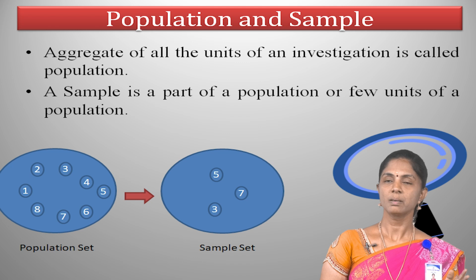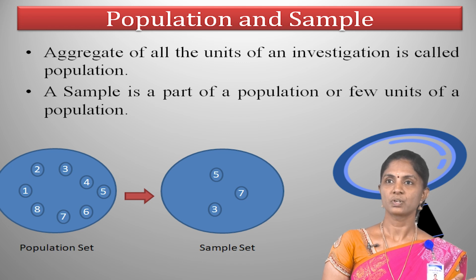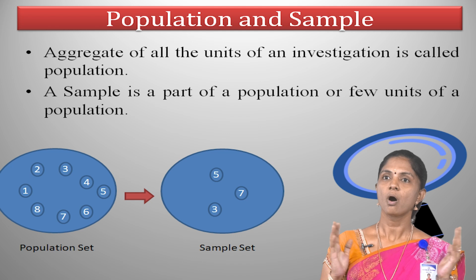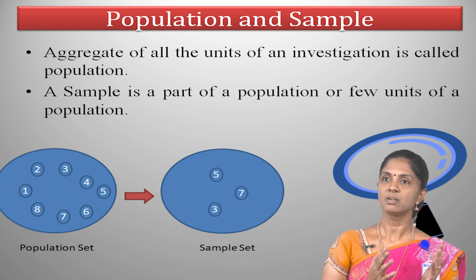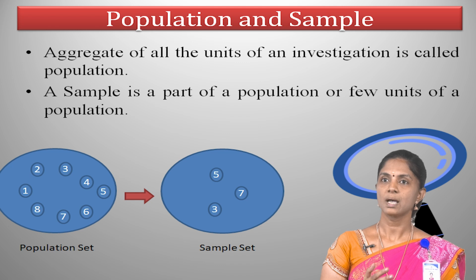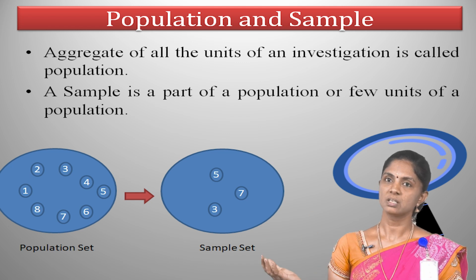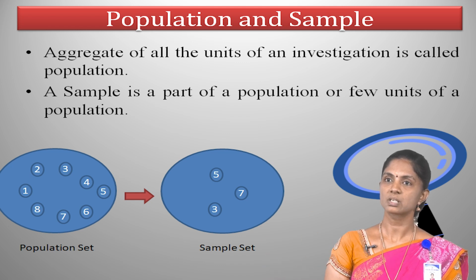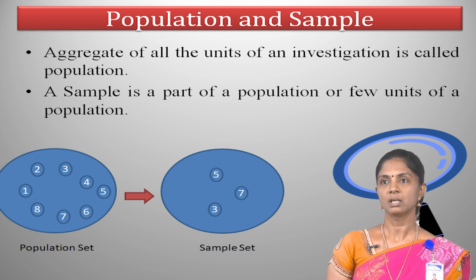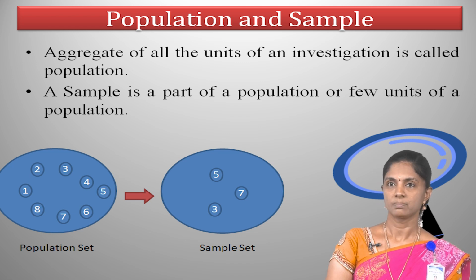Now, I am explaining what is population and what is sample. The aggregate of all the units of an investigation is called population. For example, if the investigation is on the housing condition of the locality, all the houses in that locality constitute the population.